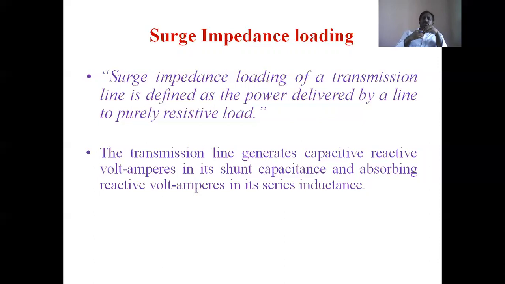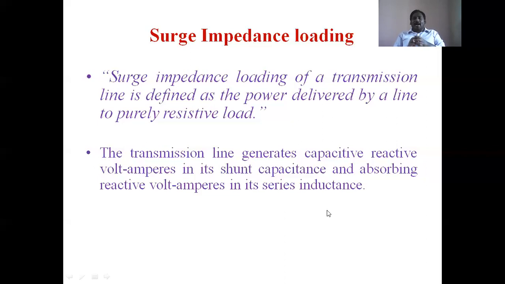Leading reactive volt amperes means power generated by the capacitor. Always the capacitor generates power, and that generated power is injected, and it can be absorbed by the inductor, the series inductance.